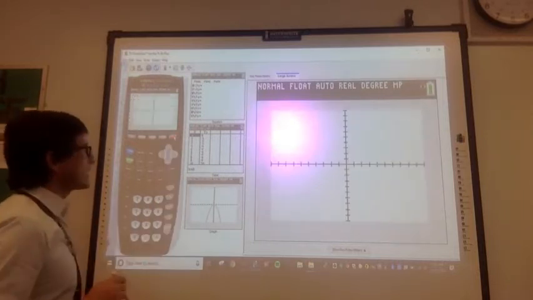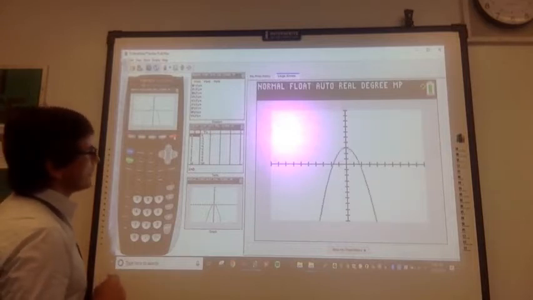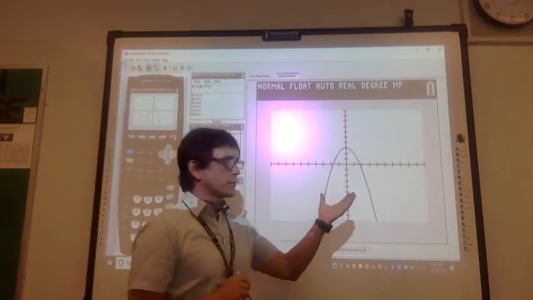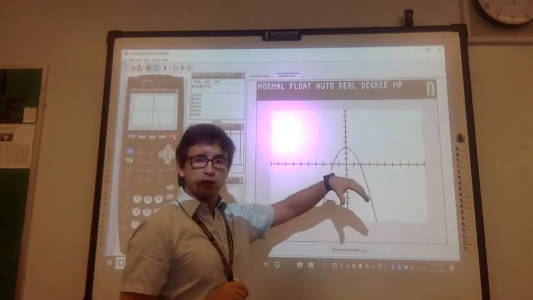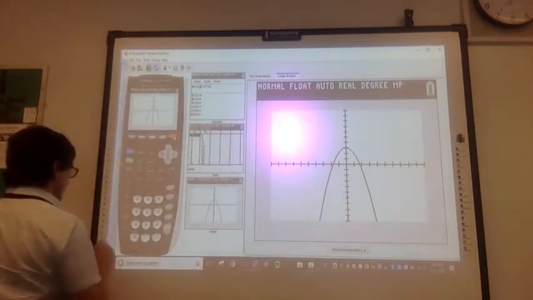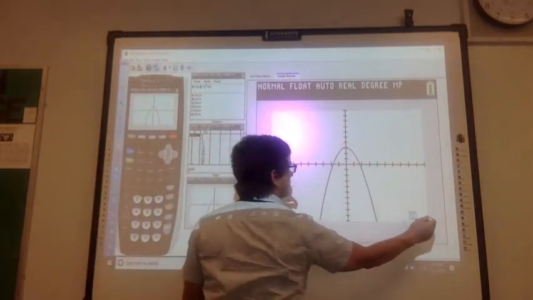We'll take a look at that graph. What you guys will learn before the end of the year is that a negative in front of x squared takes a parabola U shape and turns it upside down to make it look like a mountain. So I'm going to copy that to this page as well.